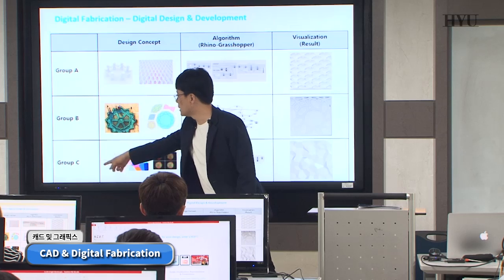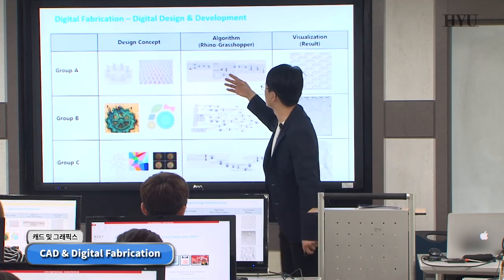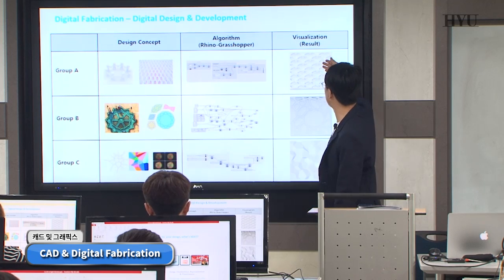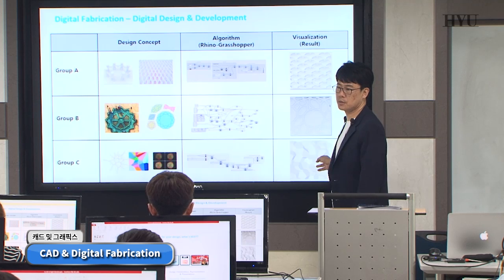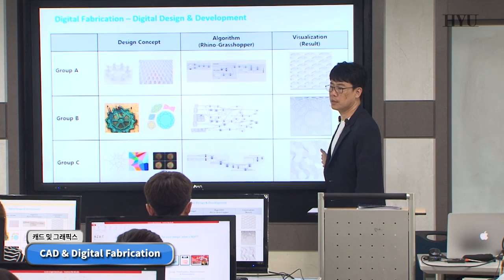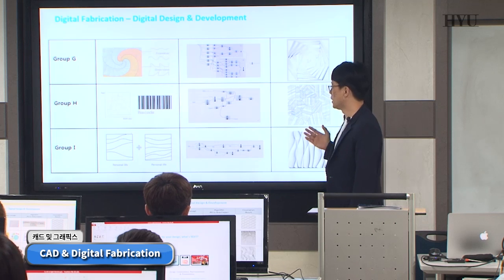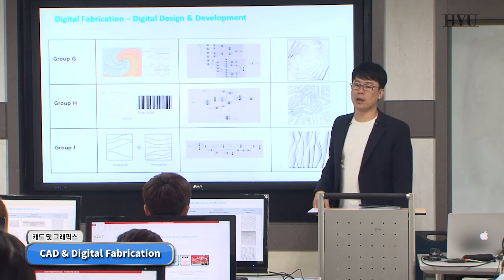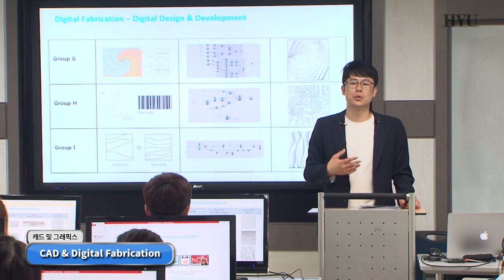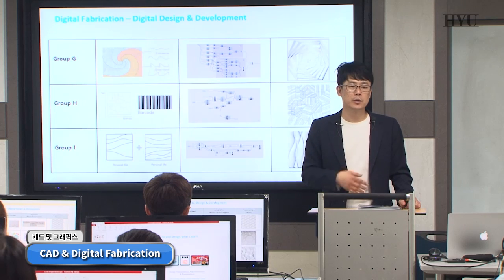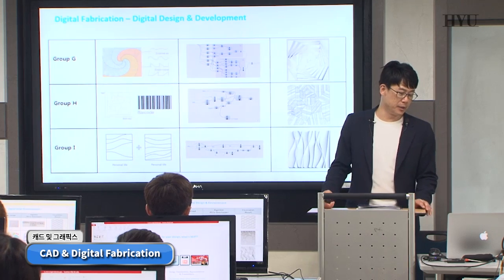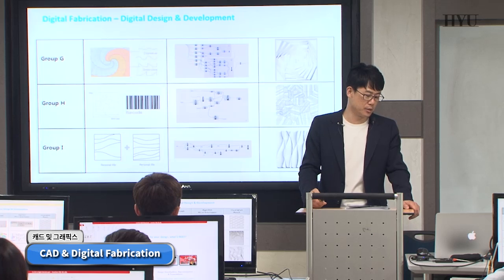Groups A, B, C, their design concepts, their design algorithms, and final visualization results. This is the end of their design process, but at this time, they were asked to make, to fabricate by digital fabrication machines.